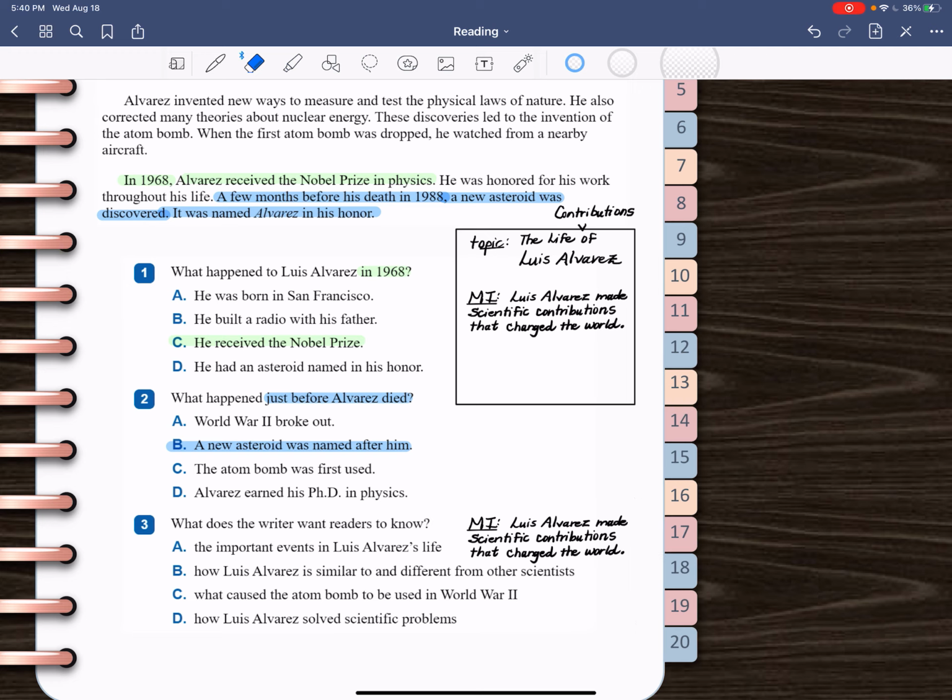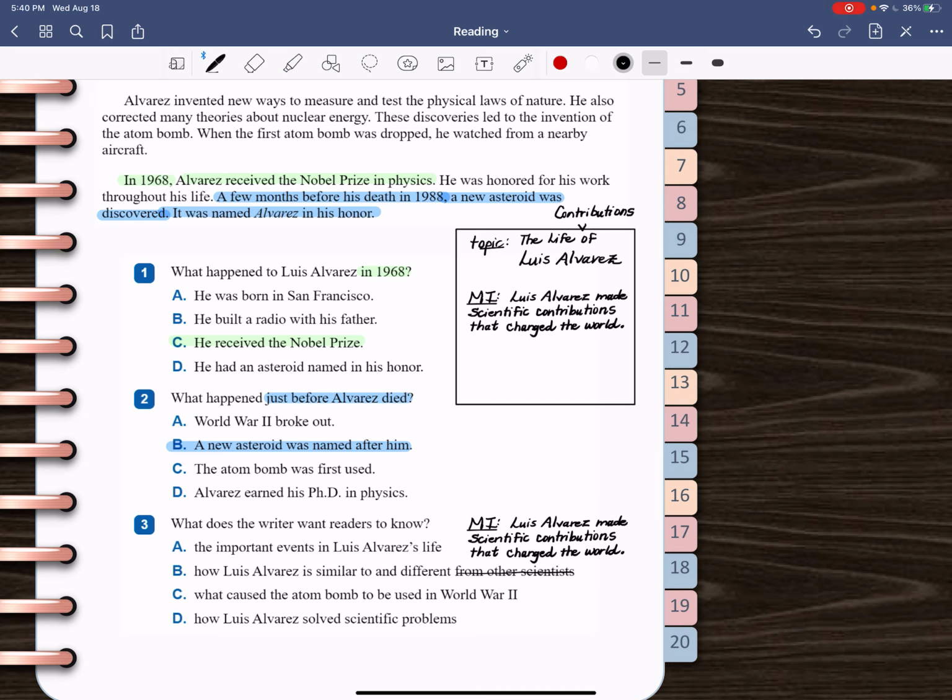So first choice, the important events in Luis Alvarez's life. How Luis Alvarez is similar to and different from other scientists. Well, at no point did they mention other scientists. What caused the atom bomb to be used in World War II?